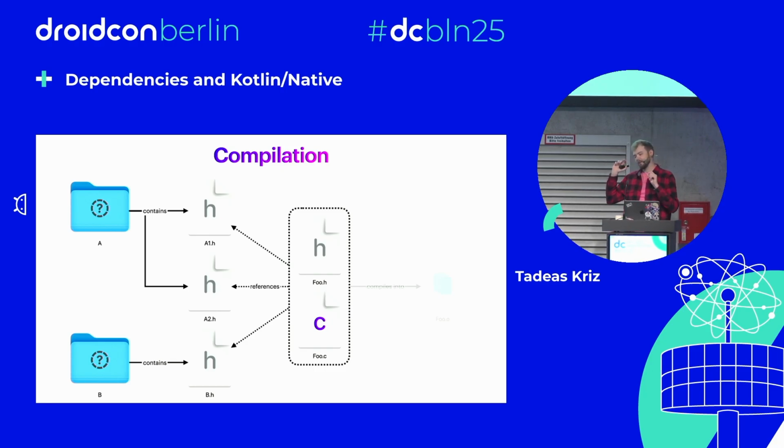Now, from the point of view of the compiler, our header file, the foo.h, is like any of the other header files. It doesn't care. So I could have just put it next to the rest. But I want to highlight this is our compile unit, right? And the foo.c is our source code. That's where the implementation lives. And we get a foo.o, an object file.